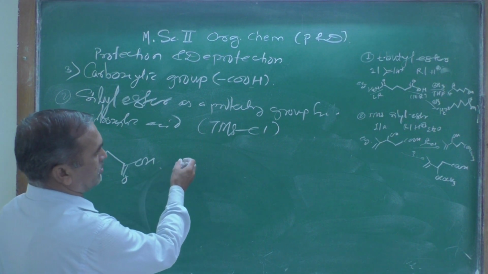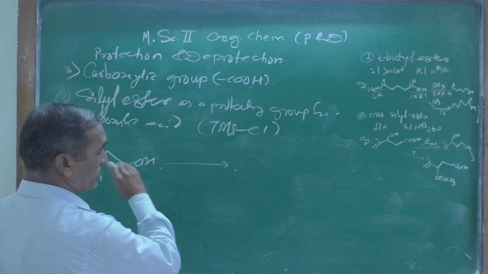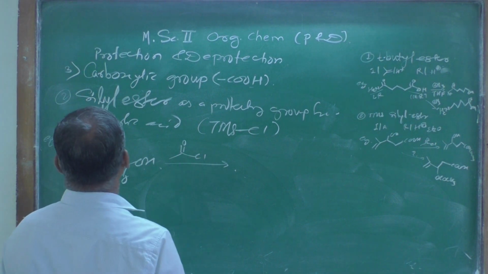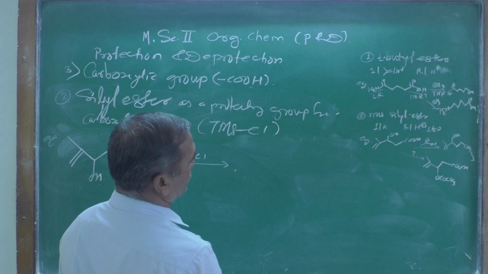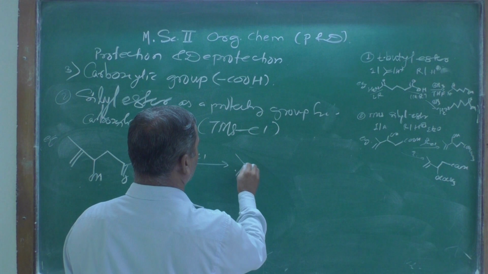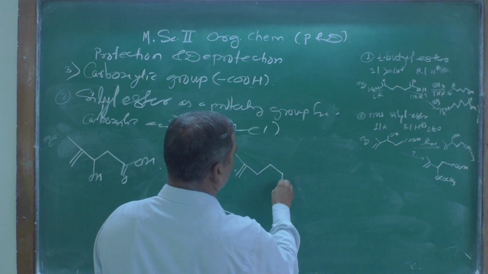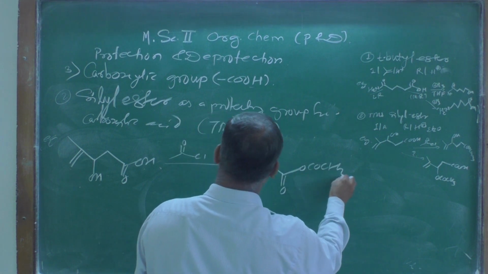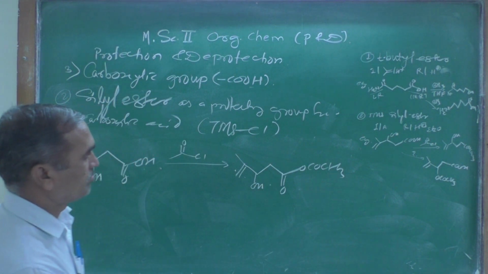If this compound is treated with, suppose, acetyl chloride, C double bond O, Cl, what do you get? You are going to get C double bond O, then O, COCH3, and that OH remains over here.